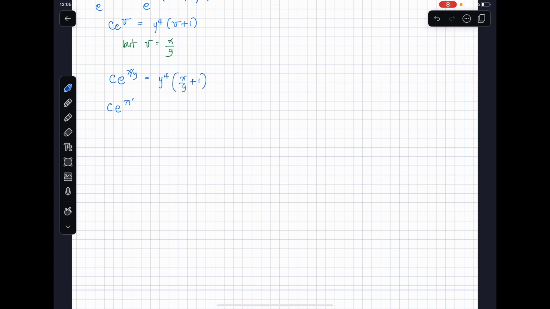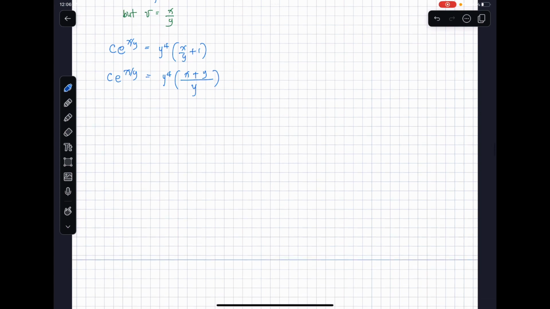So c e raised to x over y is equal to y to the fourth. Combining the two, y for the denominator, and that would be x plus y. So that gives us c e raised to x over y is equal to y cubed times (x plus y).